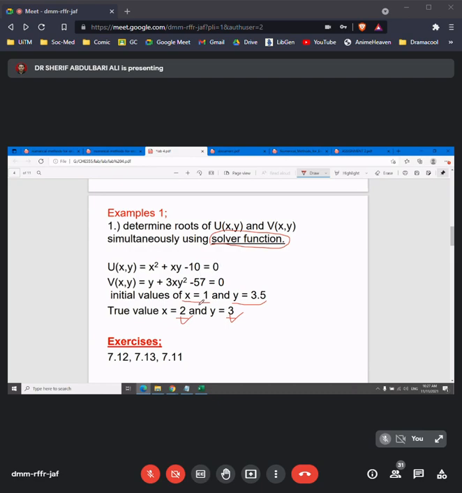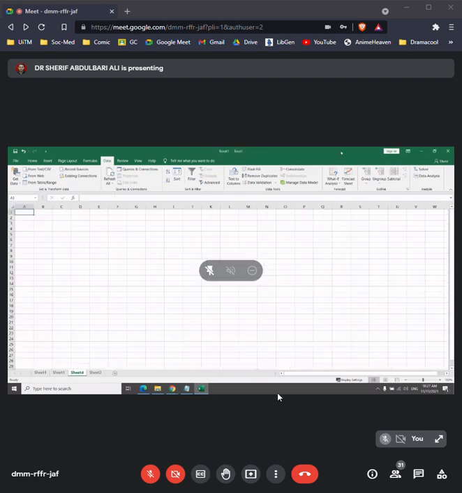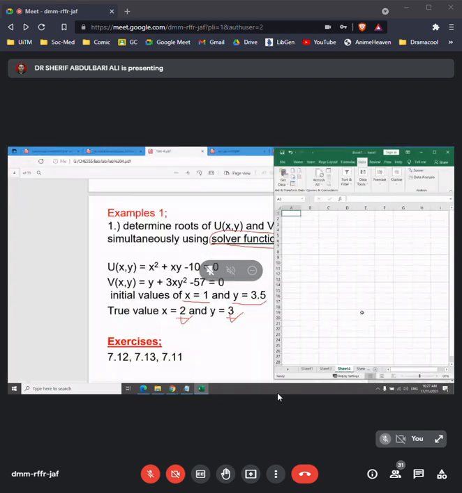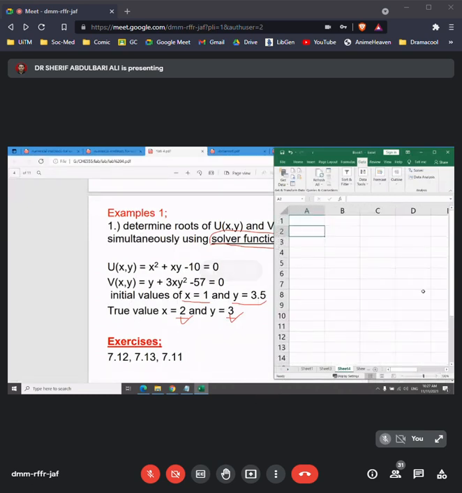Okay, so what I'm going to do is use Microsoft Excel here. The first thing, I'm going to put my initial values. So I'll say x is equal to 1 as the initial value given, and y is equal to 3.5.